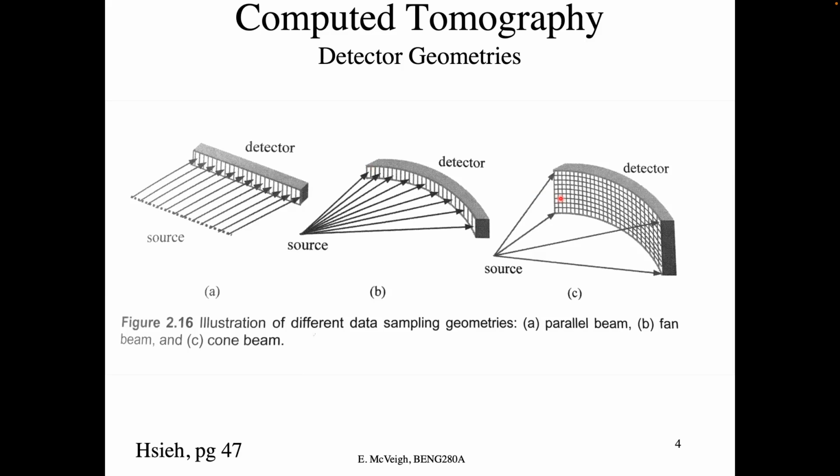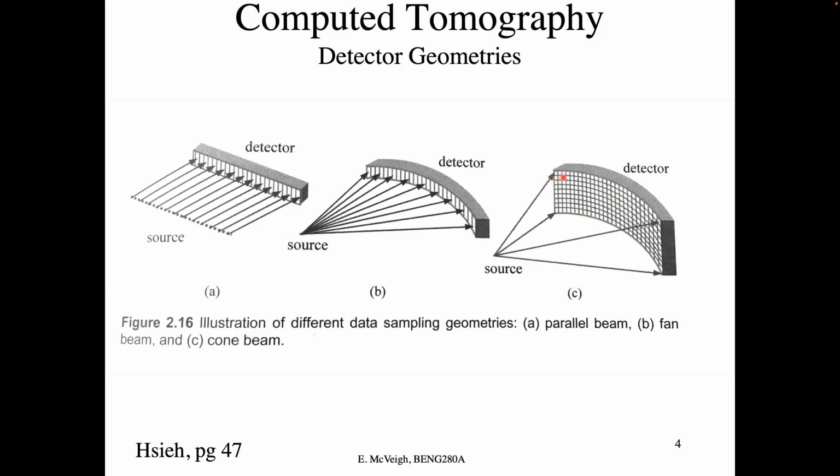In a modern scanner, in order to speed up the acquisition, they stack these detectors up to 256, or 320 in the case of Canon. But it makes life slightly complicated in that the fan beam is going through the object at an angle if you're on the edges here.